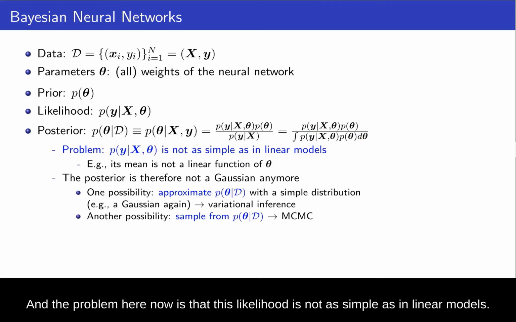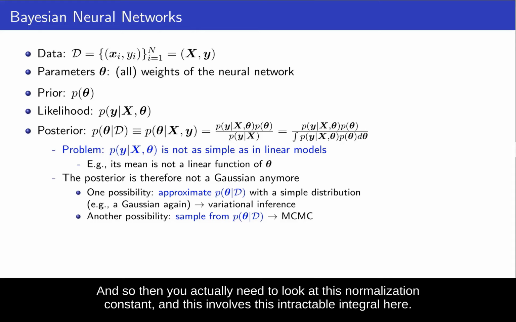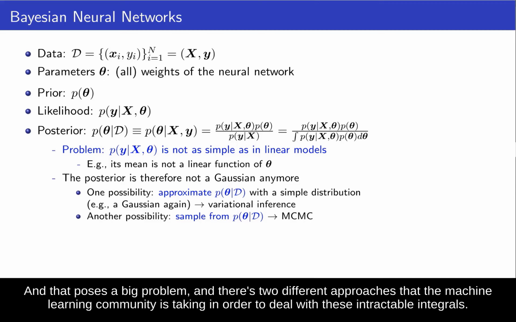The problem now is that this likelihood is not as simple as in linear models. For example, its mean is not a linear function of the parameters, and therefore the posterior is also not a Gaussian. And so you need to look at this normalization constant, and this involves this intractable integral here.